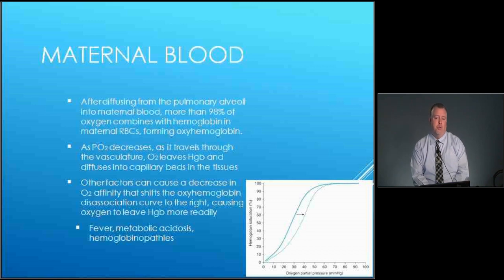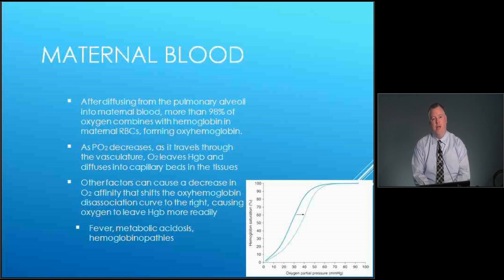As the PO2, or that pressure of oxygen, decreases further as it travels through the mom's vasculature, the oxygen then will leave those hemoglobin molecules and diffuse across capillary beds into the peripheral tissues. And when that happens, we call that deoxyhemoglobin, once the hemoglobin has released that oxygen.